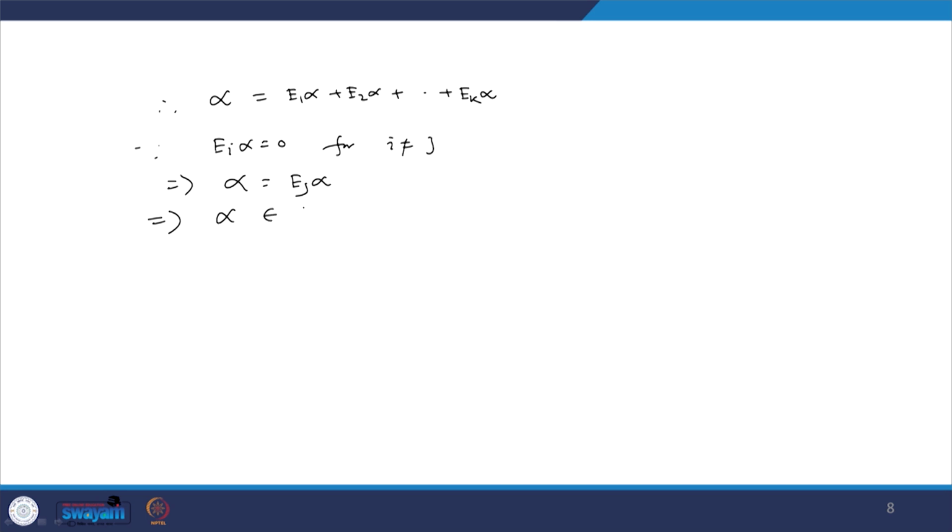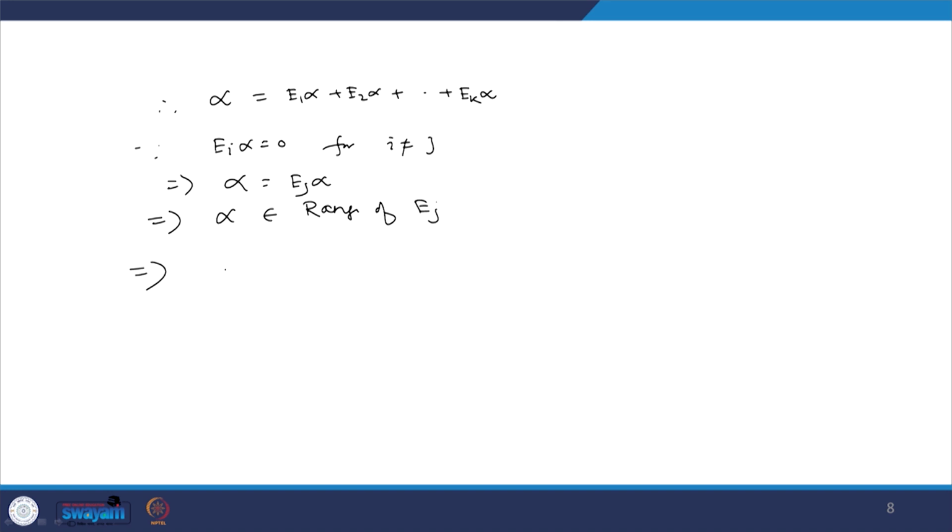So, we know alpha is equal to E1 alpha plus E2 alpha plus Ek alpha. So, since Ei alpha equal to 0 for i not equal to j, this implies alpha is equal to Ej alpha only. So, this implies alpha belongs to the range of Ej.